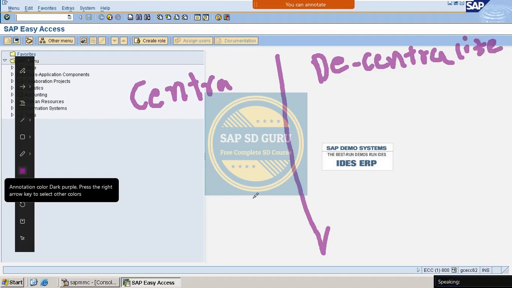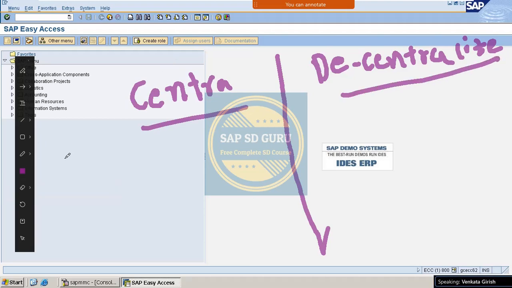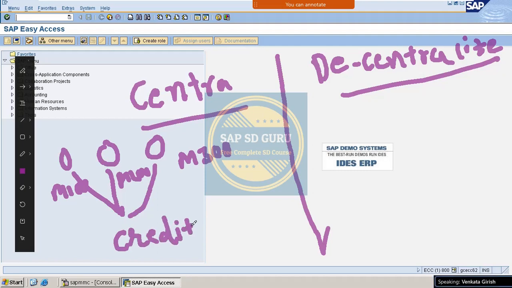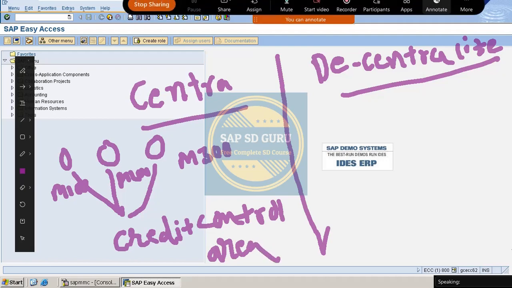In the centralized process, if there are different company codes like M100, M200, and M300, we have a common credit control area. What is the common credit control area?